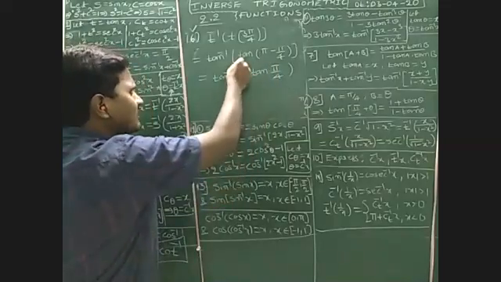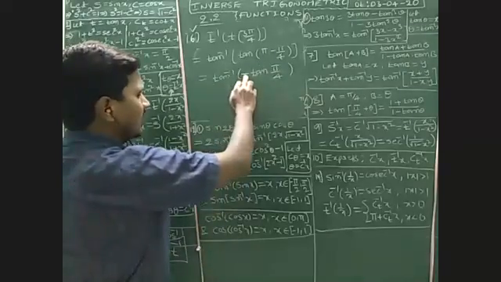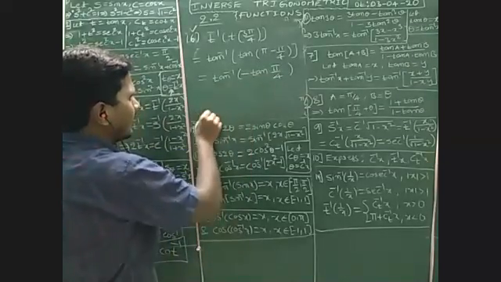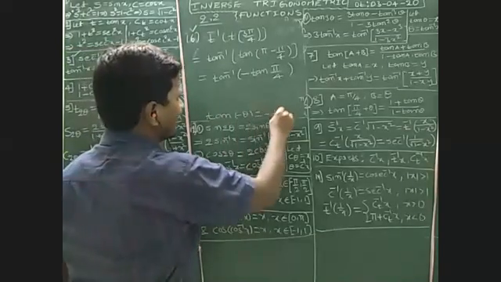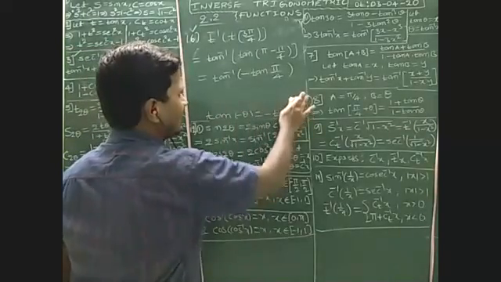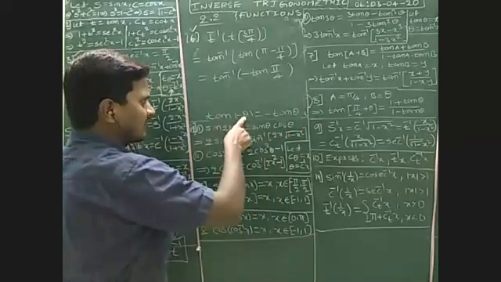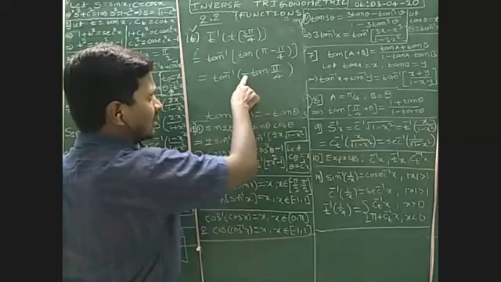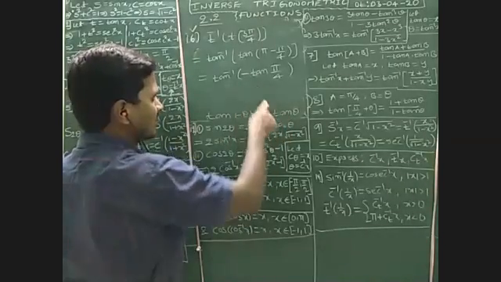Now, can we cancel directly against tan inverse tan? We cannot cancel. See, yesterday I wrote clearly that tan of minus theta is equal to minus tan theta, because tan is an odd function. So this is the same as minus tan theta.